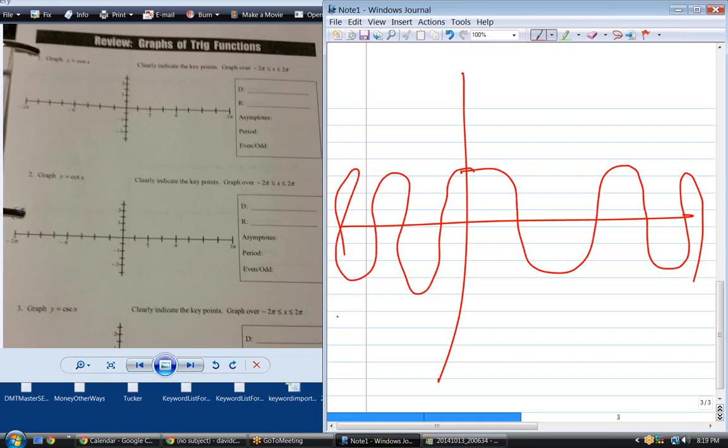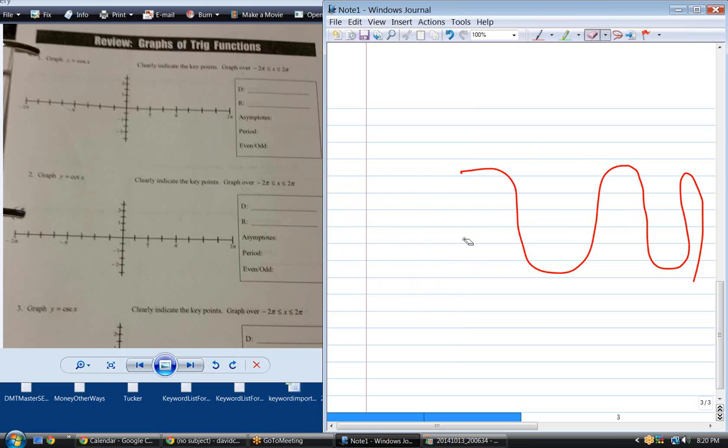In other words, x can be anything I want. Same with sine. It's only the other 4 trig functions that have asymptotes. Okay. Period of the cosine is how much? 2 pi. Odd or even? Even. Period of cotangent? Pi.